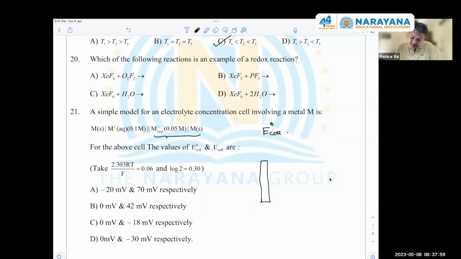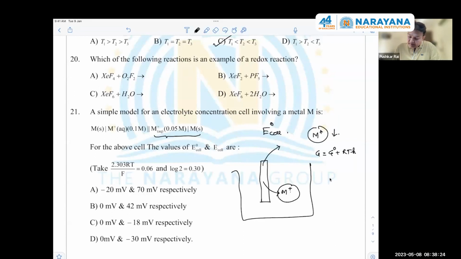Let me give you a slight part of the theory. If M plus is less, there is a greater tendency of this metal to oxidize. Why? Let me relate it to G. As the M plus concentration decreases, G of M plus is given by G equals G naught plus RT ln concentration of M plus.